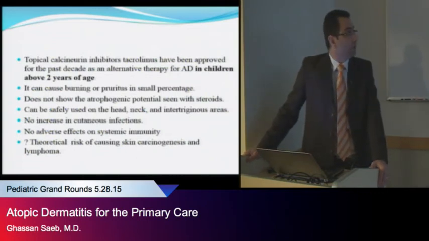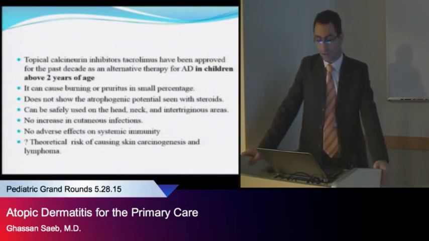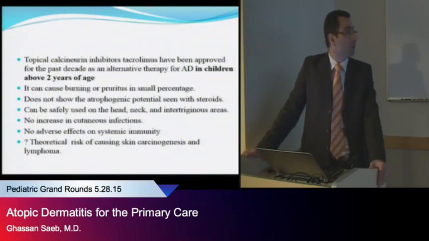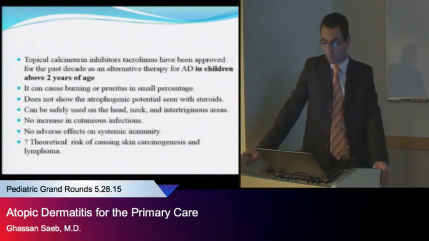The other anti-inflammatory medications that we use to control the flares are topical calcineurin inhibitors, tacrolimus, that have been approved for the last decade by the FDA, and it's approved for children above 2 years of age.